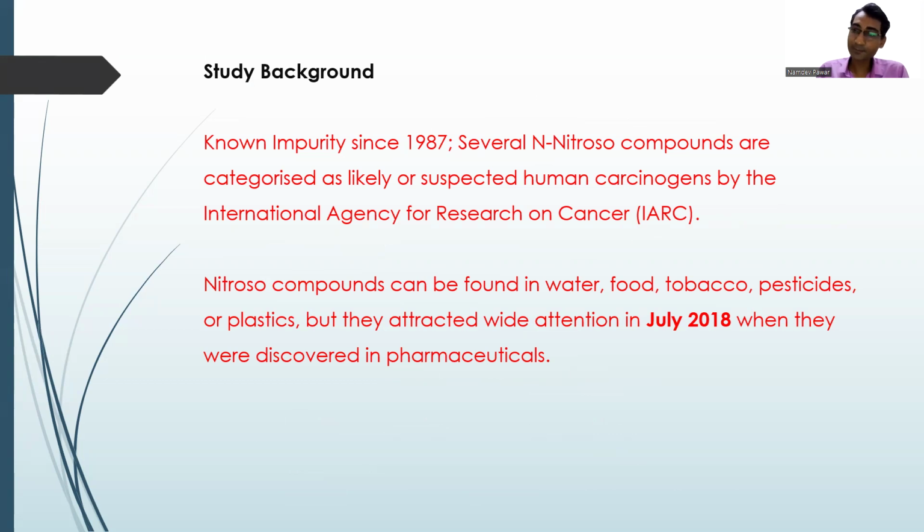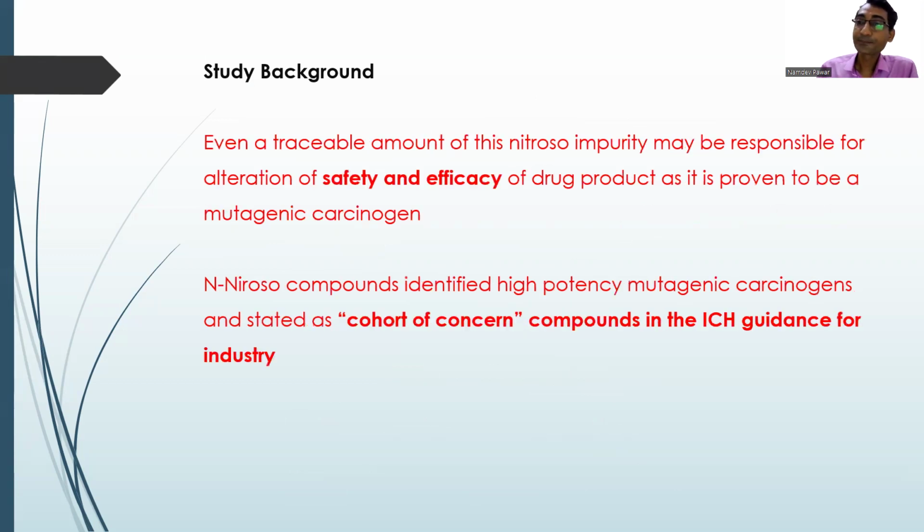Nitroso compounds are very well known compounds. They are basically found in water, food, tobacco, pesticides, plastic, or we can say cosmetics. But in July 2018, it was discovered in pharmaceuticals.